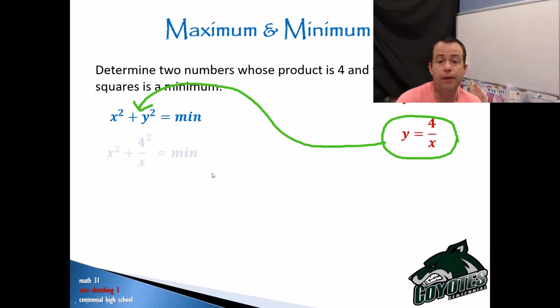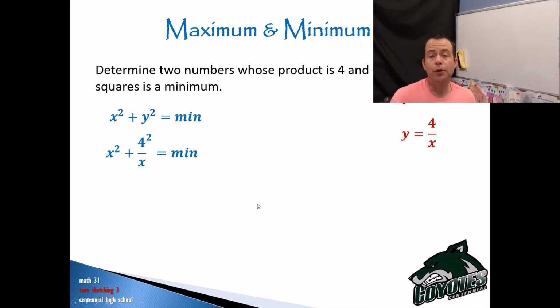Okay, and so I'm going to be left with x squared plus (4 over x) squared. Sorry, I said that backwards. There's technically brackets there, right? So x squared plus (4 over x) squared equals a minimum. Okay, we're eventually going to have to take the derivative of this, right, and set the derivative equal to 0.